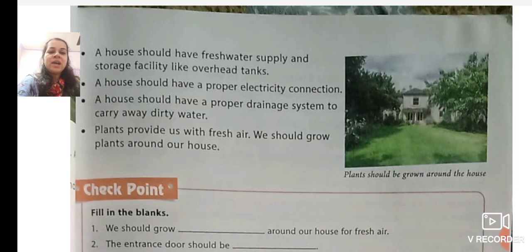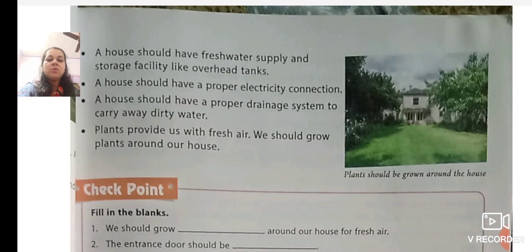And if you don't have a proper connection, if the wires are falling and the current is not passing properly, what will happen? You will get a shock and it may also cause a short circuit. Due to a short circuit, a house may catch fire.